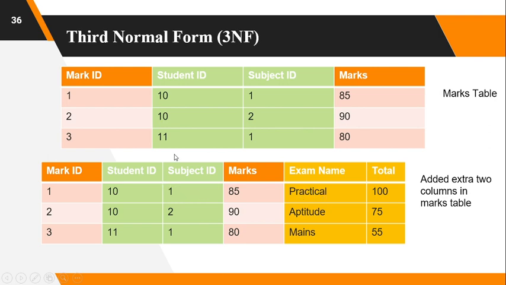Whereas the total column depends upon the exam name, since the total depends on which exam the marks were obtained in. So the total column depends on the exam name rather than on the prime attributes. This is called transitive dependency. This needs to be avoided, this needs to be eliminated.